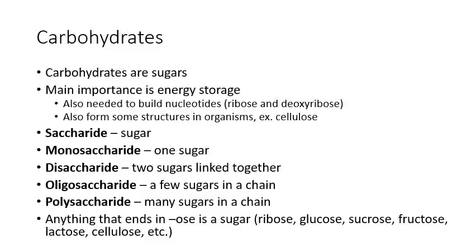If you keep on adding sugars to your disaccharide, once you have a few of them on there, you're going to get an oligosaccharide. Oligo just means a few. So an oligosaccharide is a few sugars that are linked together, usually to form a chain. And then finally, the biggest carbohydrates are polysaccharides. Poly means many.